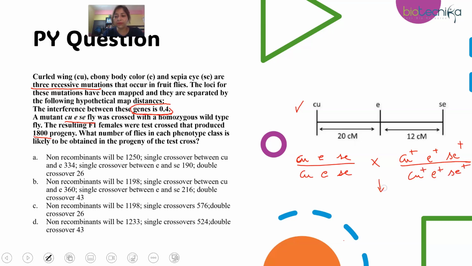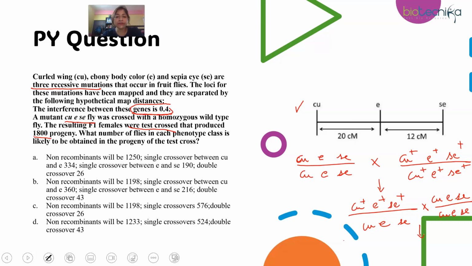So in F1 what we will get is CU plus E plus SE plus, and the other chromosome will be CUESE. Now this is test crossed, right? That means it is crossed with the homozygous recessive parent. And then we have to calculate for the F2 what will be the result from the F1 cross.